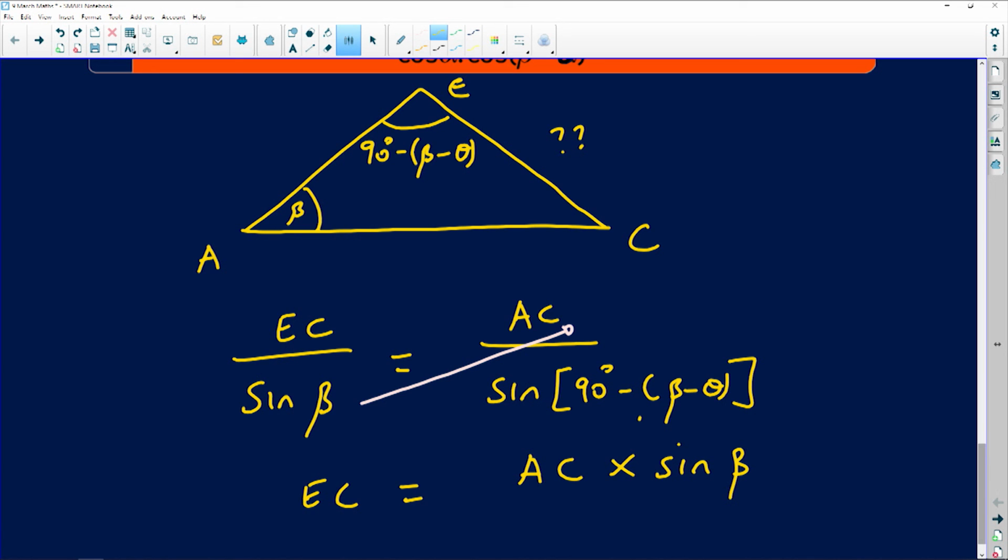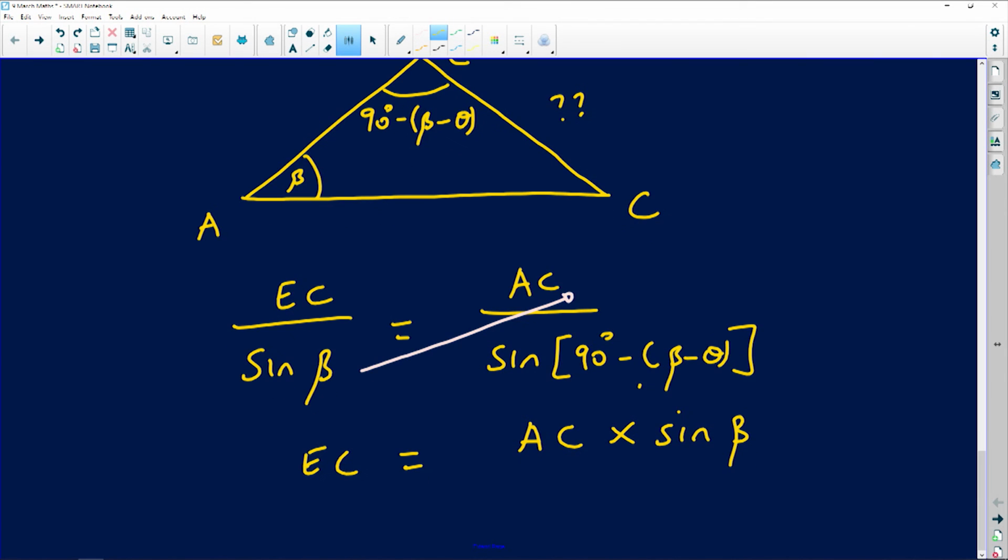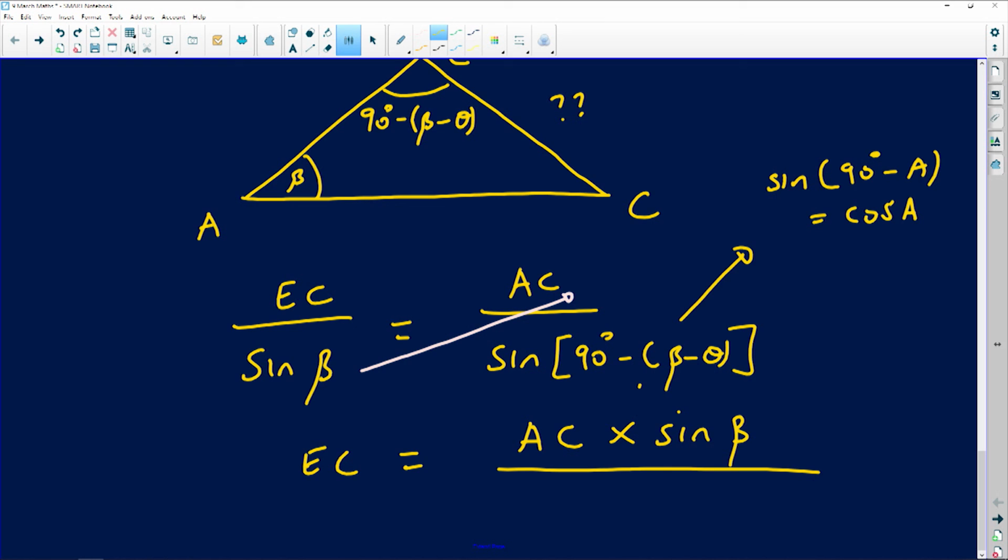And then if you divide, you will notice that on the denominator, I've got the sine of 90 degrees minus beta minus theta. But according to reduction formulas, you will know that this part here can be simplified using the fact that the sine of 90 degrees minus anything can be reduced to the cosine of that particular angle. And that's the result that I'm going to use in this case. So my sine will now change and become the cosine of that angle you see there, which is beta minus your theta there.